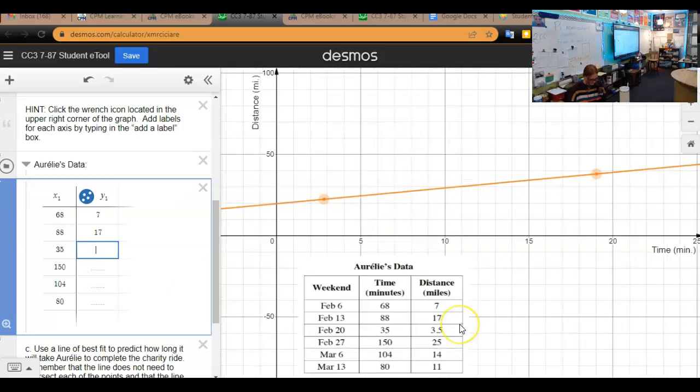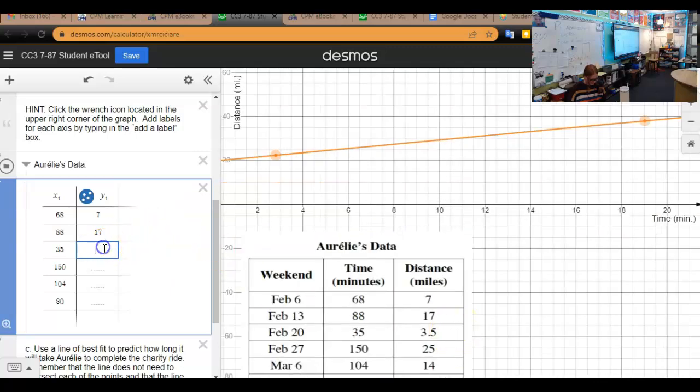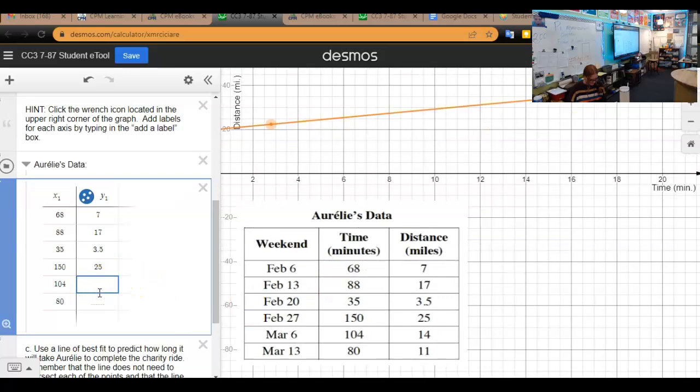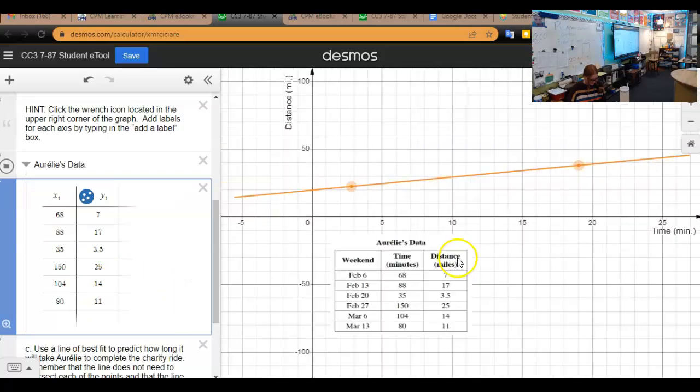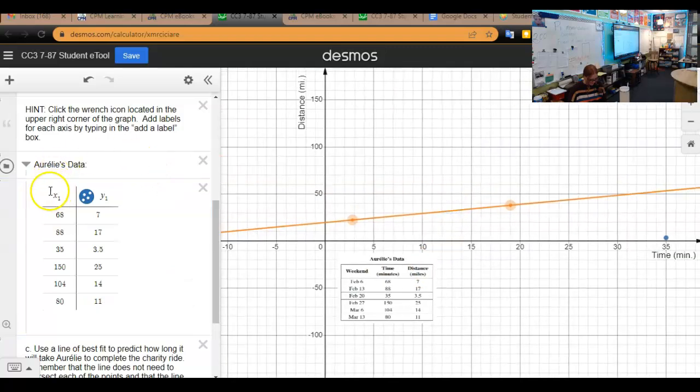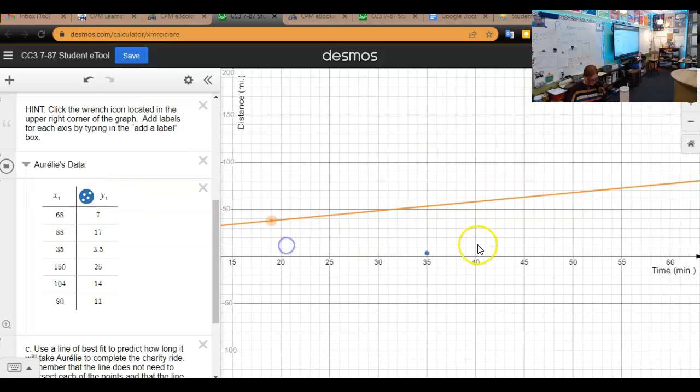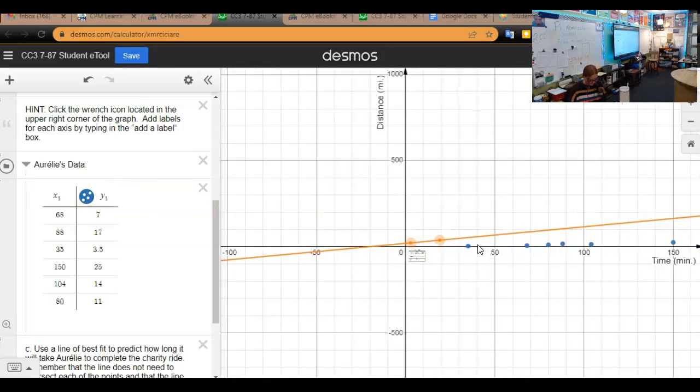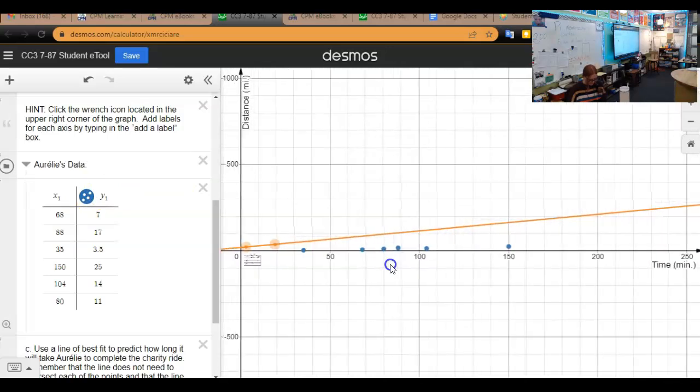Is that 35? 3.5. 25. 14. 11. Oh, wait, where are my points? Oh, I have to zoom out.